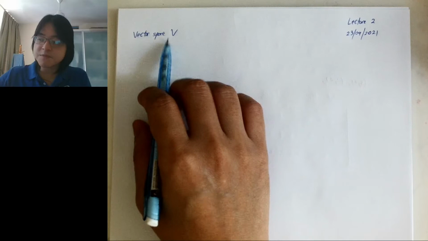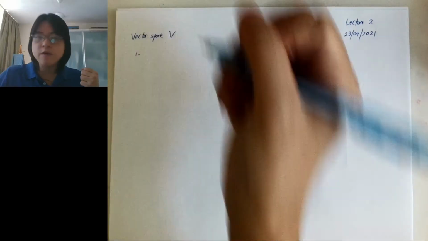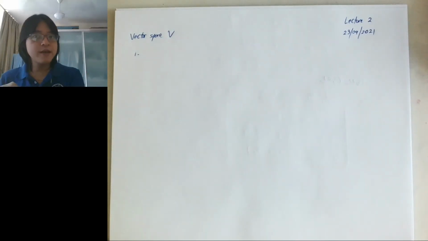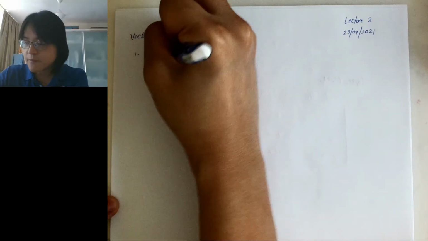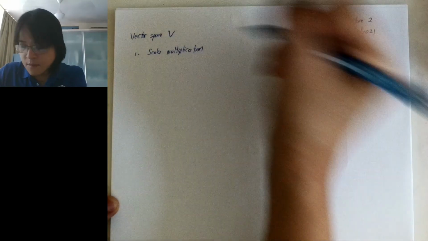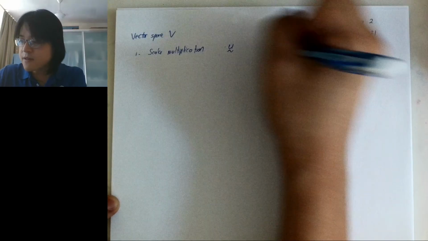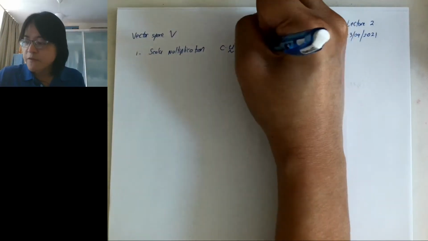So a vector space is any set which we call V, and we need to have a few operations among its members in order to qualify as a vector space. Firstly is scalar multiplication, right? If you have a vector and you multiply it by any scalar, it becomes a new vector.